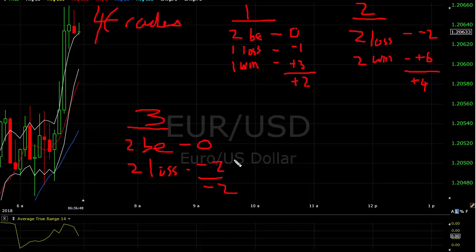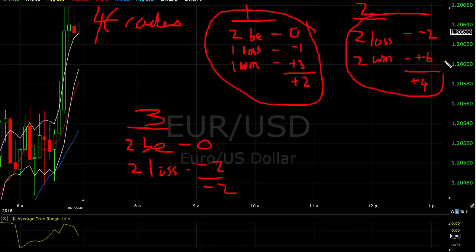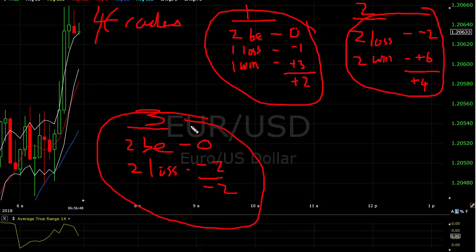But in fact, they could be in a situation whereby the ones that they moved to break even would have been ones, or at least one of which would have been the profitable one, and the other ones were the losses. So I'm giving a few different scenarios here of whether moving stops to break even is the best thing to do.